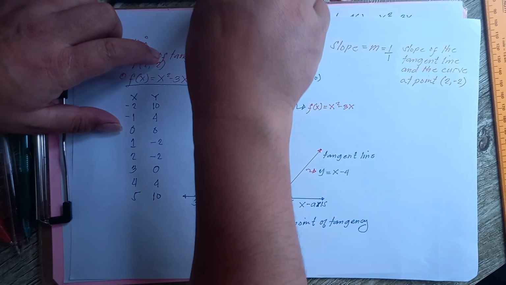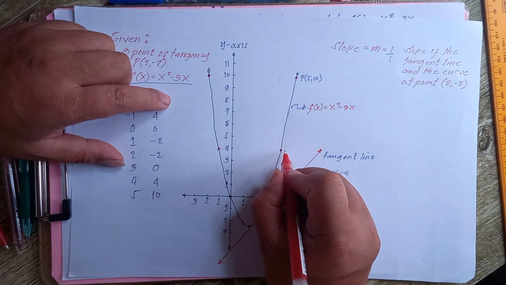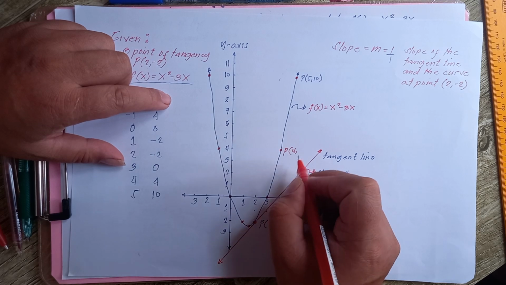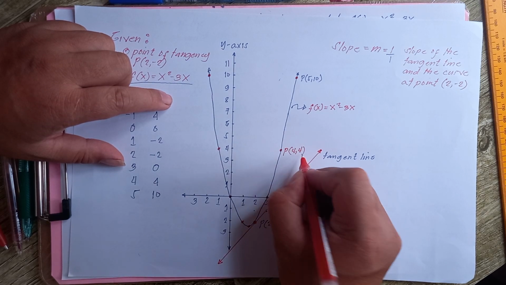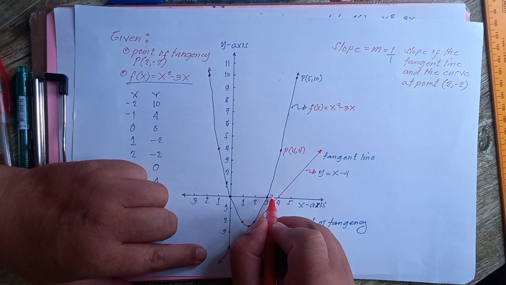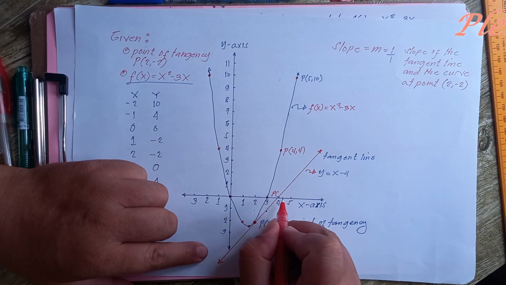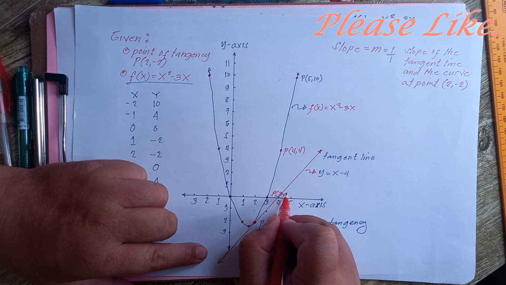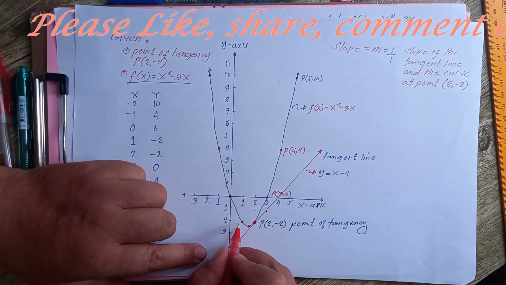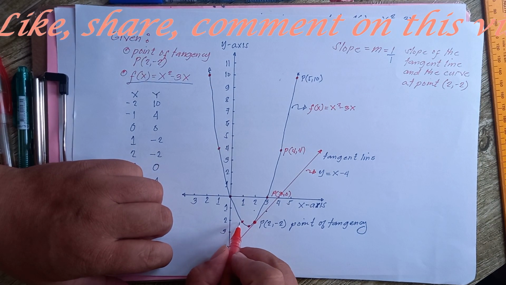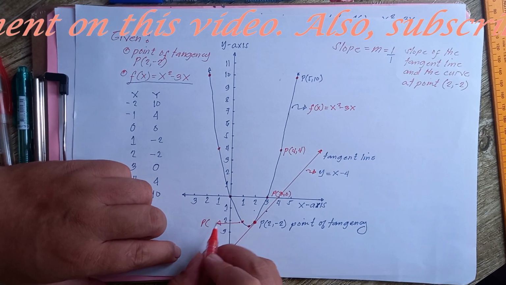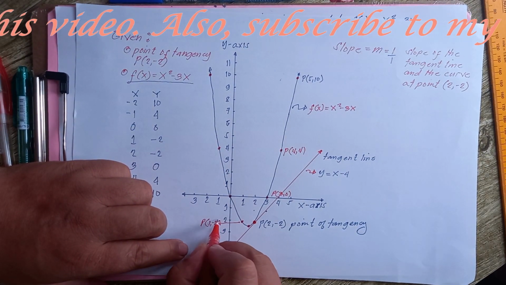Allow me to make use of a red ball pen. This point is 4 and 4. This one is 3 and 0. How about this one? 2 and negative 2, the same as that point. That is 1 and negative 2.